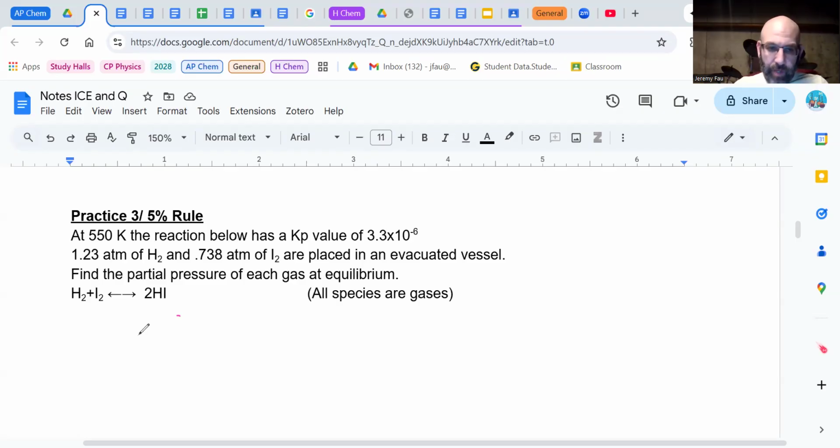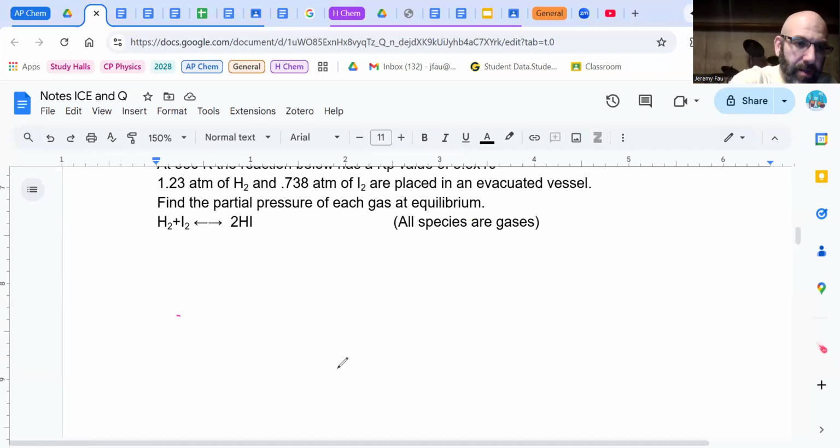All right, so we approached this just like before. So I'm actually just going to slide this over. It says this is 1.23, this is 0.738, and then this is nothing.